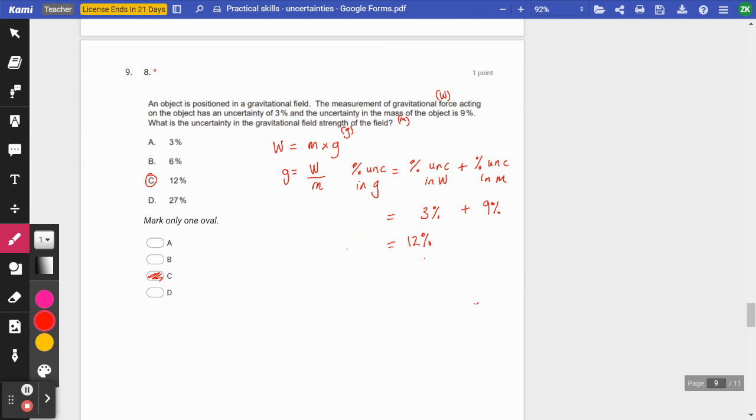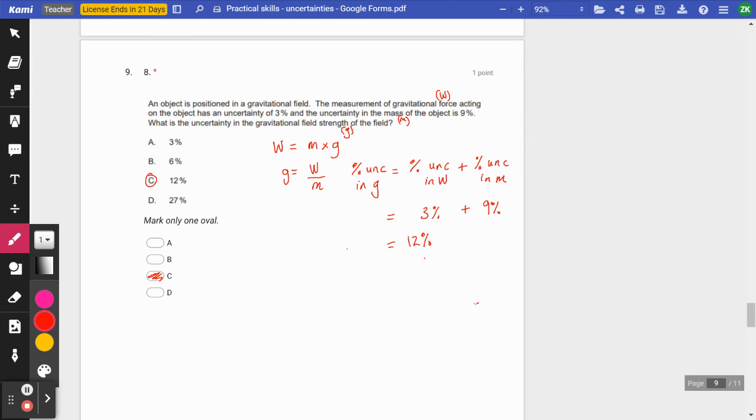Question 8. Here we've got an object in a gravitational field. The percentage uncertainty in the gravitational force, which is weight, acting on the object is 3%. The uncertainty in the mass, m, is 9%. So what is the uncertainty in the gravitational field strength, g, of that field?